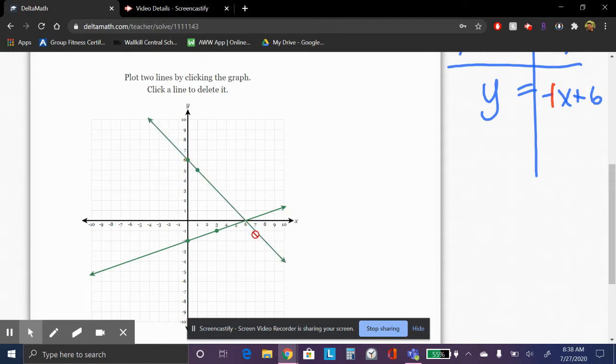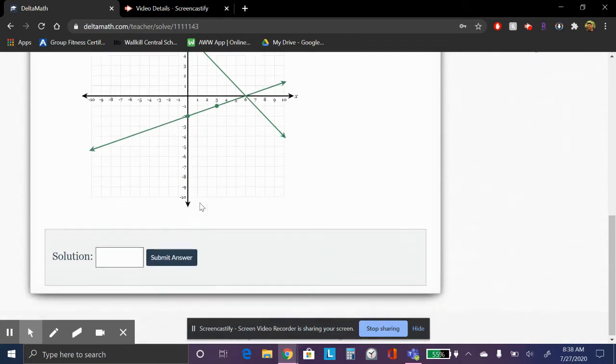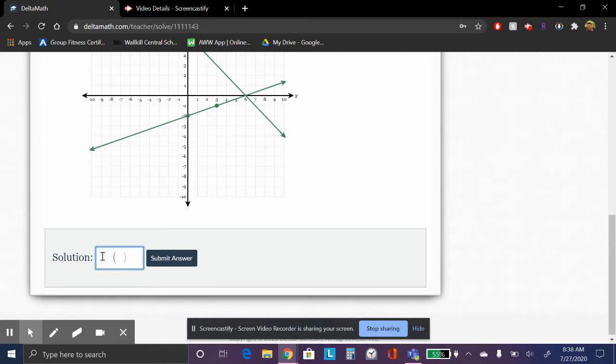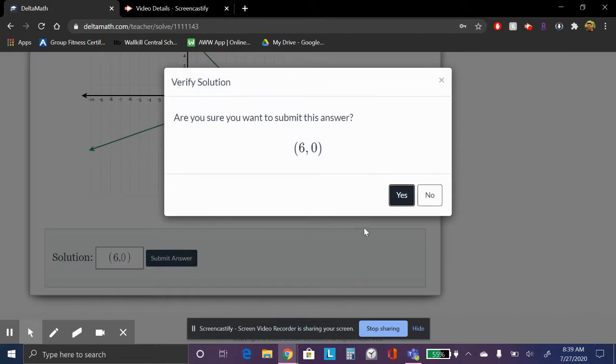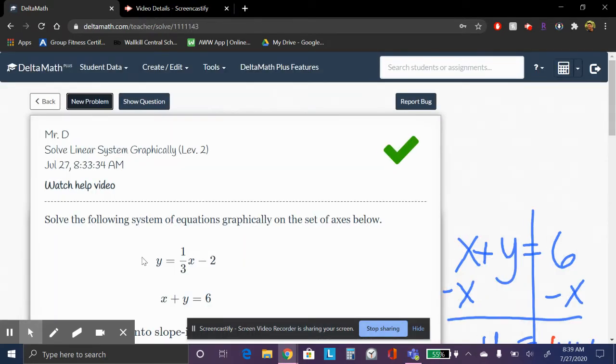And they intersect at the point (6, 0). Remember, parentheses signify coordinates. From the origin, you go to the right 6, up and down 0. There we go.